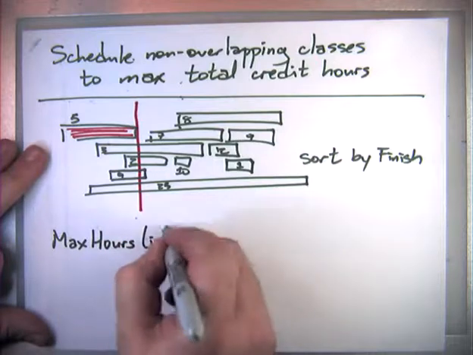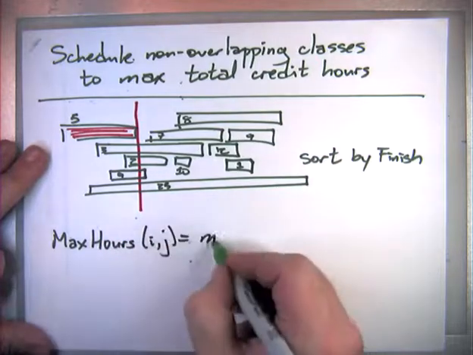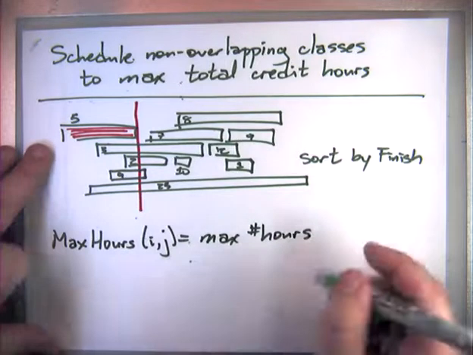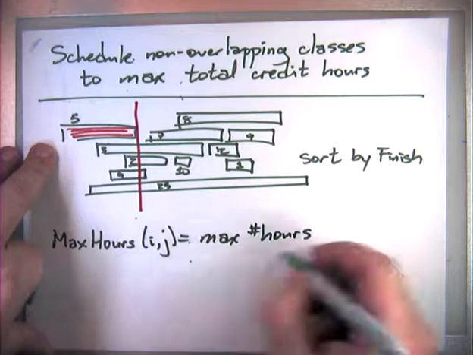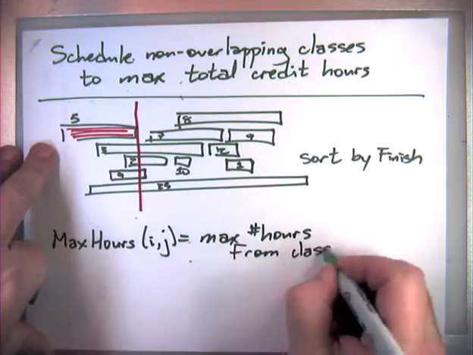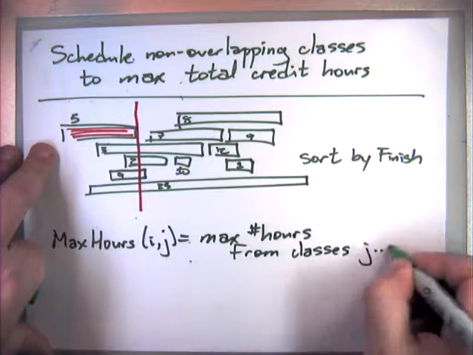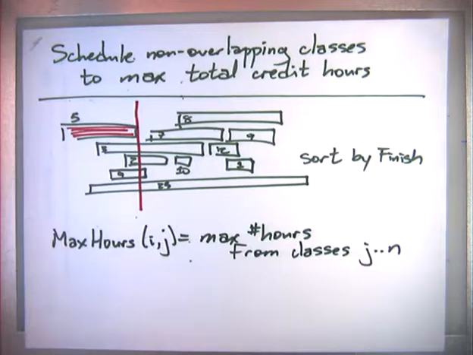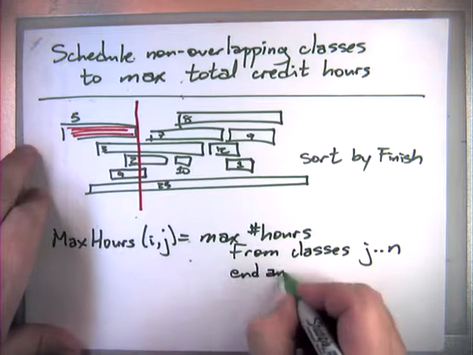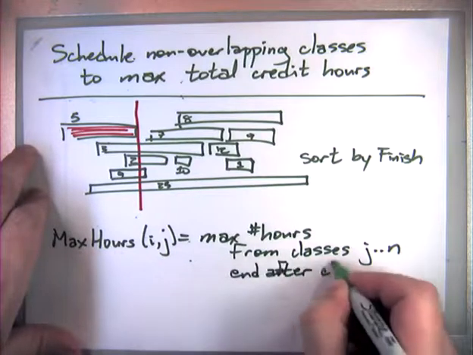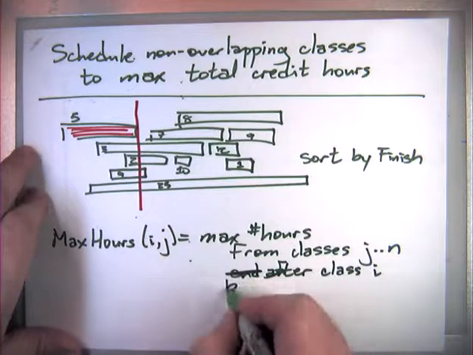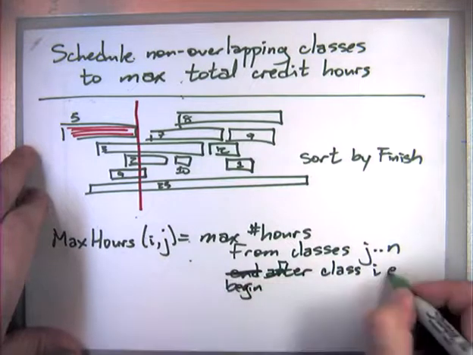So maximum hours ij, this is the maximum number of hours that I can get from classes j through n. So class j is the first one I'm allowed to think about, but that all begin after class i ends.